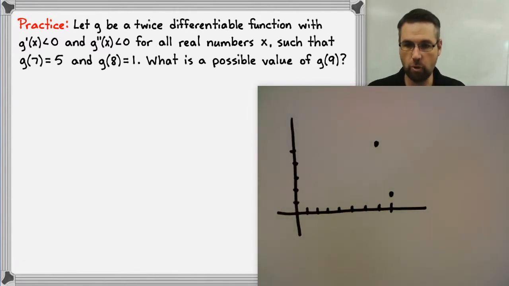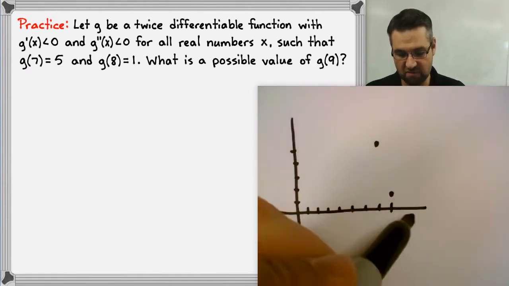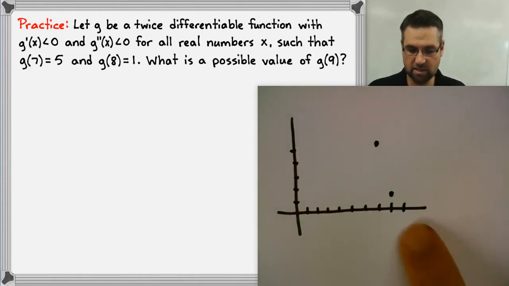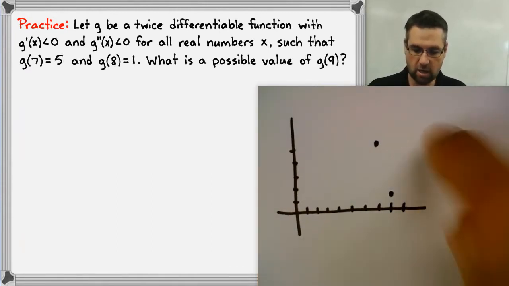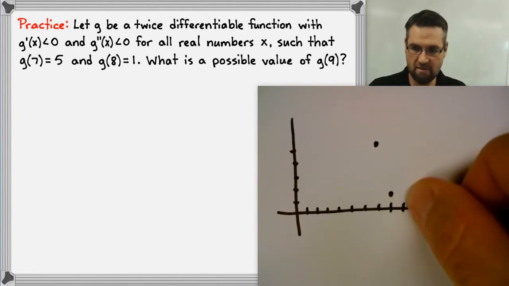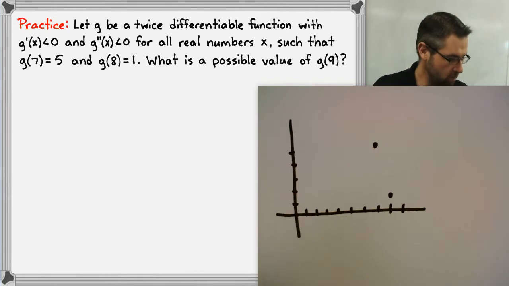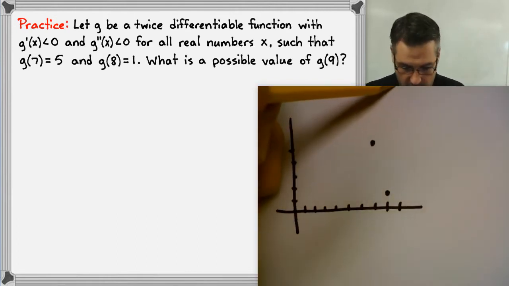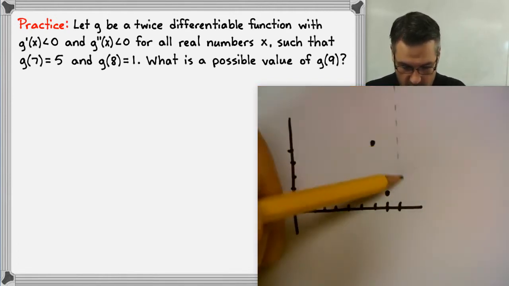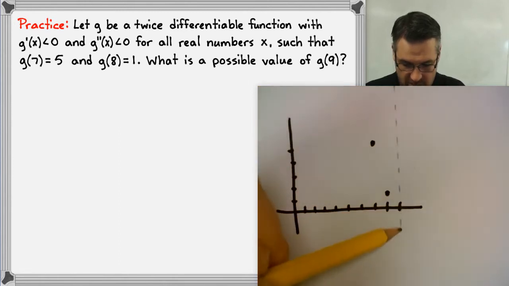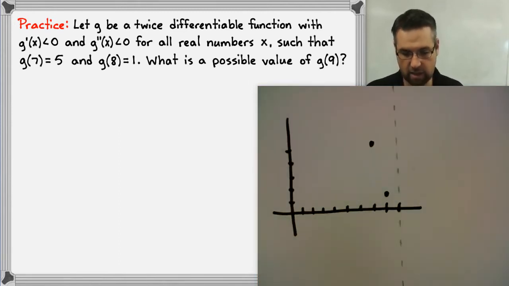We know those 2 points. The goal is to find possible values for G of 9. Well, G of 9 is going to be here when x equals 9. G of 9 is going to be on some y value on that dotted line there. So maybe I should draw a dotted line at x equals 9. Right? G of 9 has to be somewhere on that dotted line.